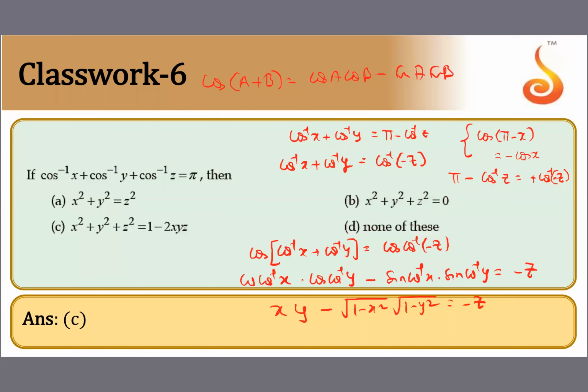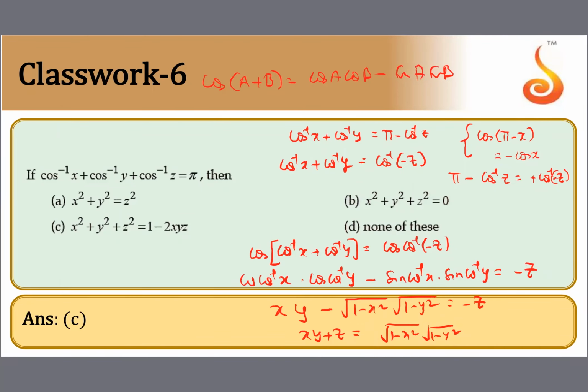Because we studied cos inverse x equal to sine inverse under root of 1 minus x square. I taught in the first problem. Cos inverse y is sine inverse under root of 1 minus y square. So this becomes xy plus z is equal to under root of 1 minus x square into under root of 1 minus y square.